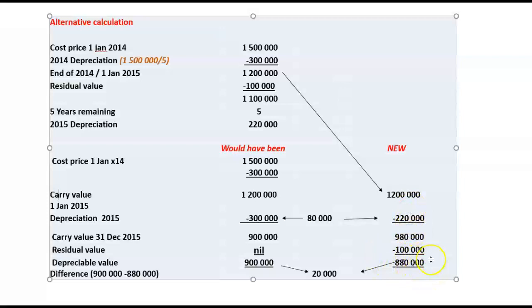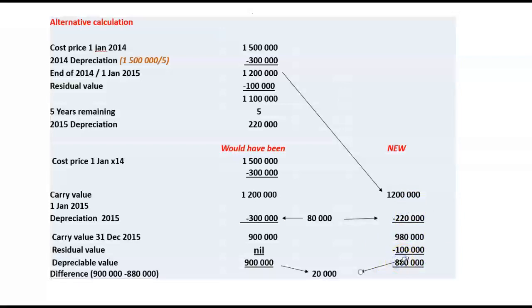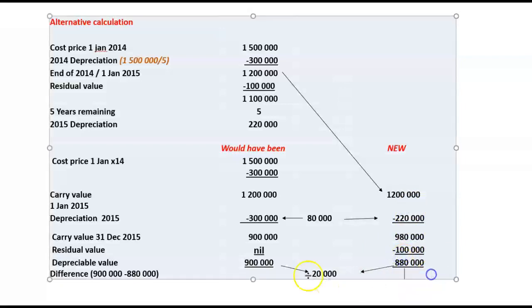Under the old method, we would have written off 900,000 Rand worth of depreciation. So obviously, under the new method, we're going to write off 20,000 Rand less, and that is going to have a positive impact on our future profits, as from the end of the current financial year.